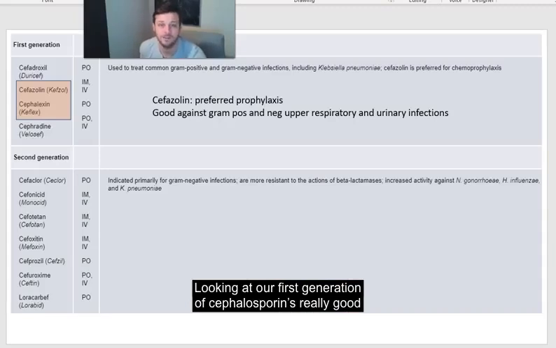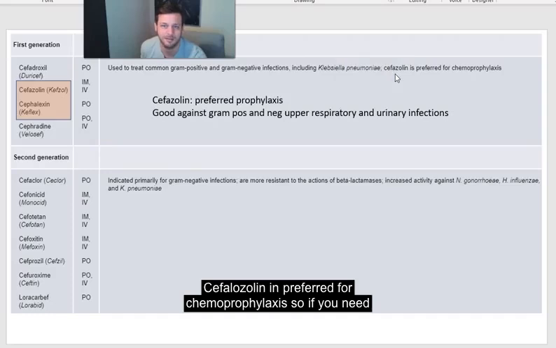Looking at our first generation of cephalosporins, really good against gram-positive and gram-negative infections, including different types of pneumonia. Cefazolin is preferred for chemoprophylaxis.